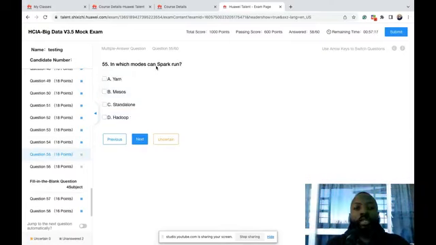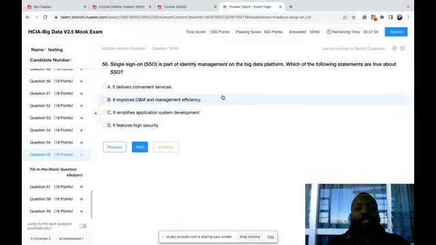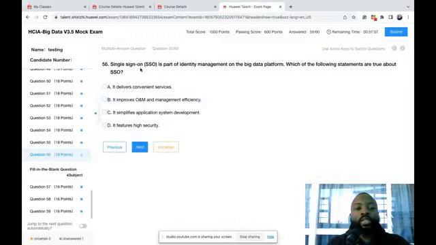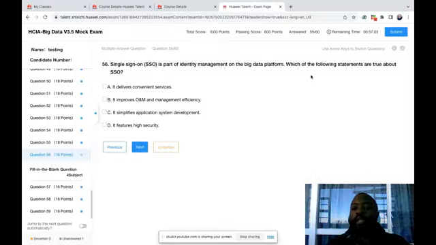In which mode can Spark run? Okay. Last question. Single sign-on, SSO, is part of the identity big data platform. Which of the following statements are true about SSO?